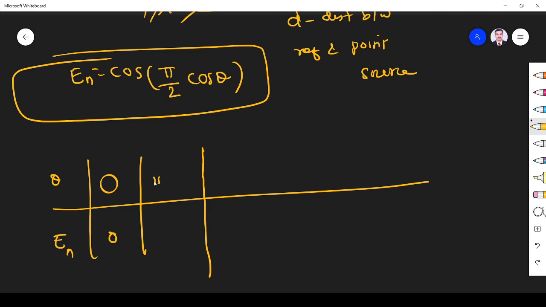When theta is equal to pi by 2, cos pi by 2 is 0, cos 0 is 1. When theta is equal to pi, cos pi is minus 1, so cos of minus pi by 2 is 0. When theta is equal to 3 pi by 2, cos 3 pi by 2 is 0, so cos 0 is 1. So this is what we get, right?